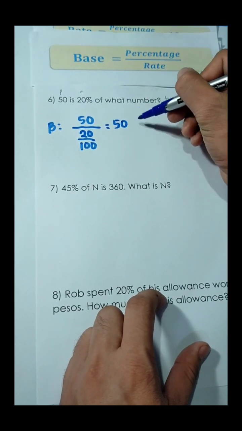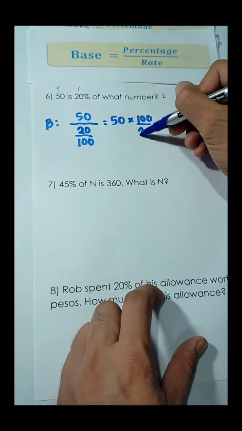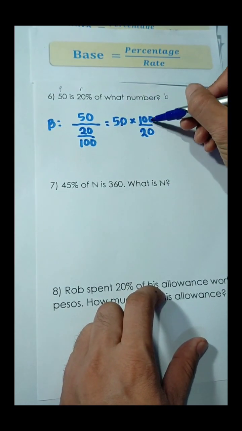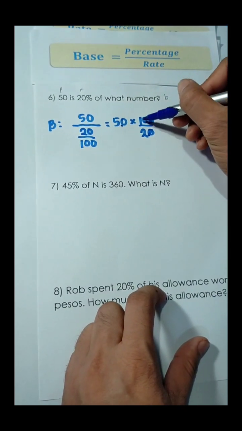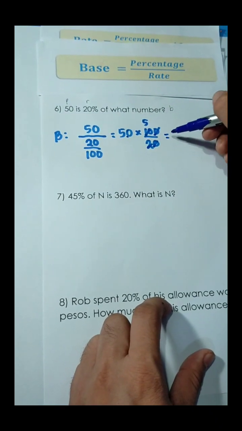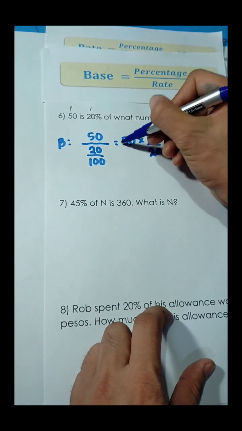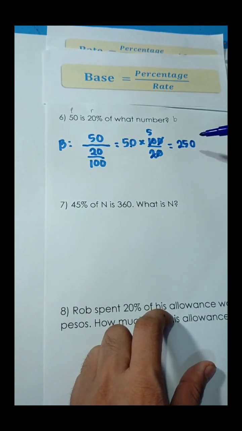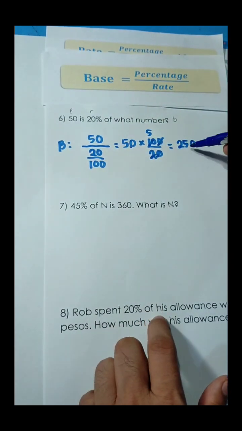This becomes 50 times 100 over 20. We pair the zeros. Can pair it here. Okay. We divide 10 by 2. This is 5. And we have 5 times 50. 5 times 0 is 0. 5 times 5 is 25. So the base number is 250. And 50 is 20% of 250.